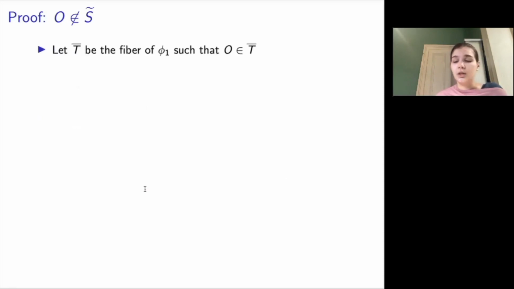And in this case, we know that for each point we can find a fiber of the fibration into del Pezzo surfaces of degree 4 to which this point belongs. So suppose this T bar is the fiber of phi 1.